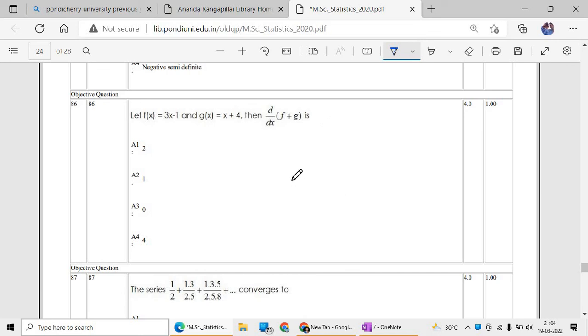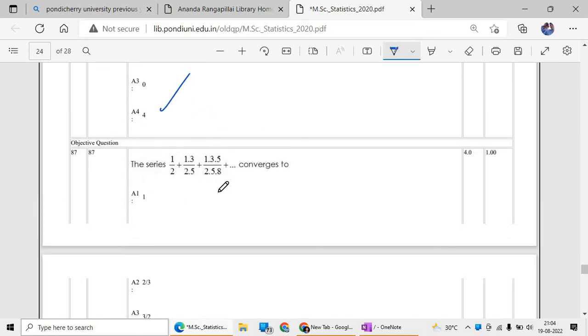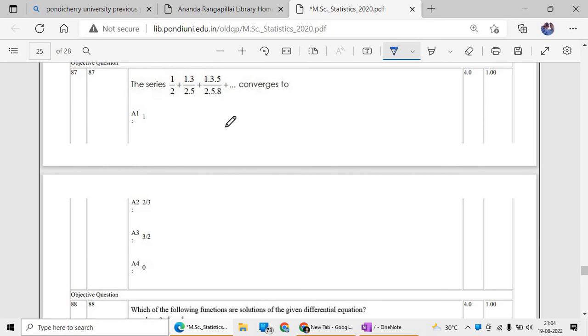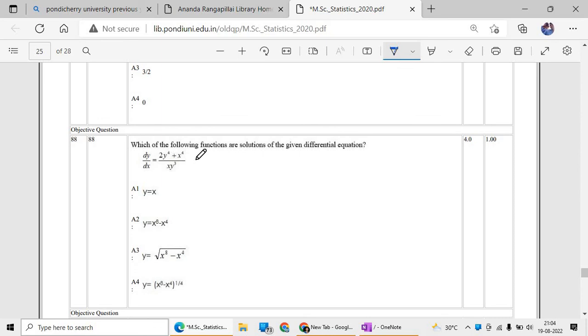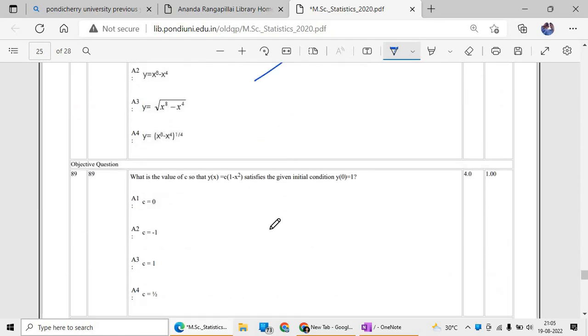So f of dy dx of f of x plus e of x. If you do here 3, here 1, so 4. So 1 by 2, 1, 3, 5. Here one sequence 2, 5, 8. Here 1, 6. You can find the sequence and the answer will be there. Switch up the function. So you can do that ODE question, this one.